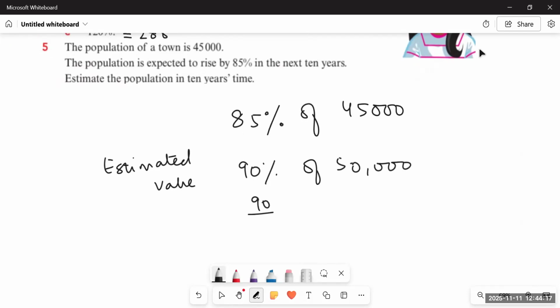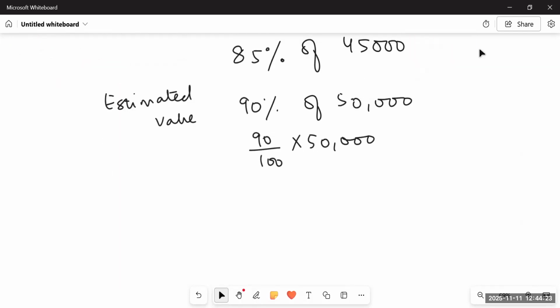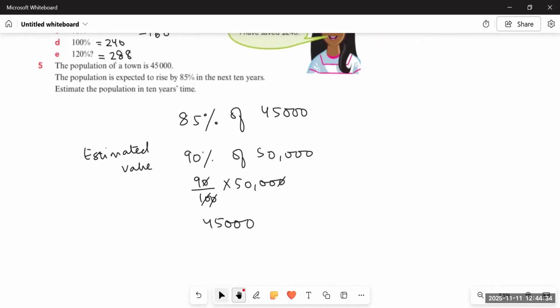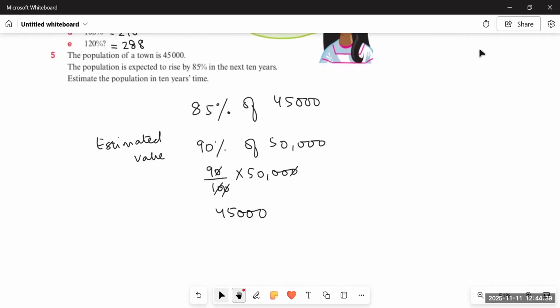That's 90 over 100 times 50,000. So the zeros cancel, 9 fives are 45, and it's 45,000. Means the population will increase by 45,000 and it would become 45,000 plus 45,000, that's 90,000.